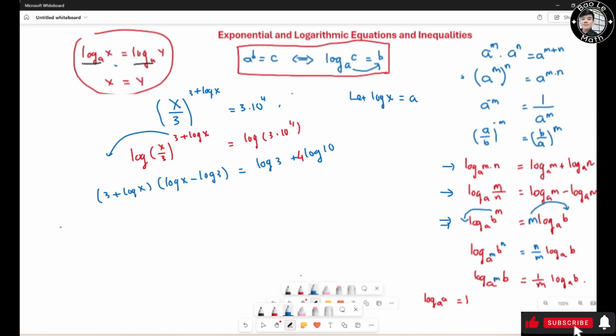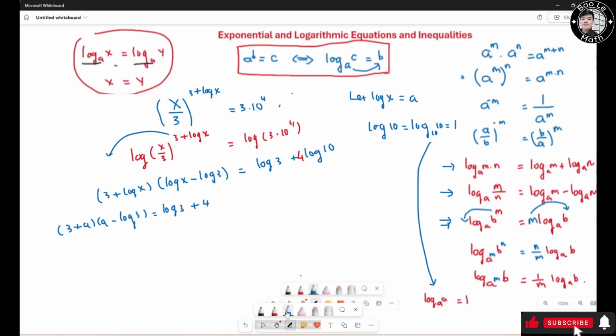So this turns out to be (3 plus a) times (a minus log 3) equals log 3 plus 4. Because log 10 is the same thing as log base 10 of 10, and this equals 1 based on the formula right here, right?